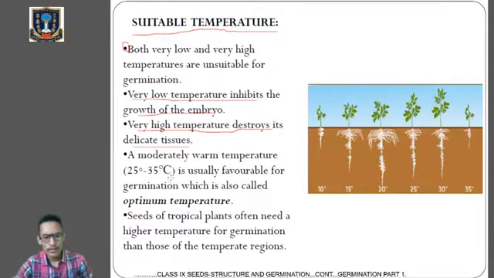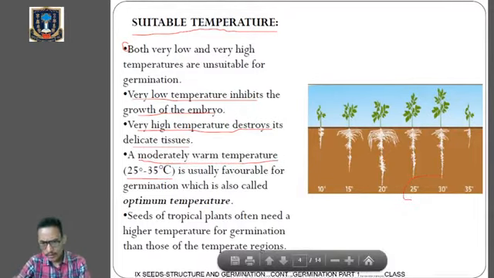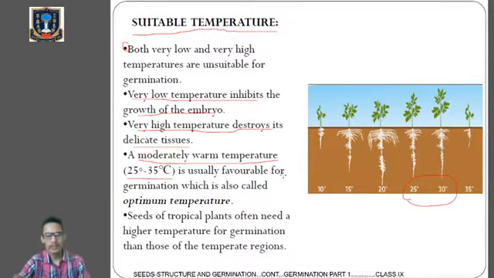Therefore, a temperature between 25 to 35 degrees Celsius. We can say moderately warm temperature. Clear? That is suitable for germination.